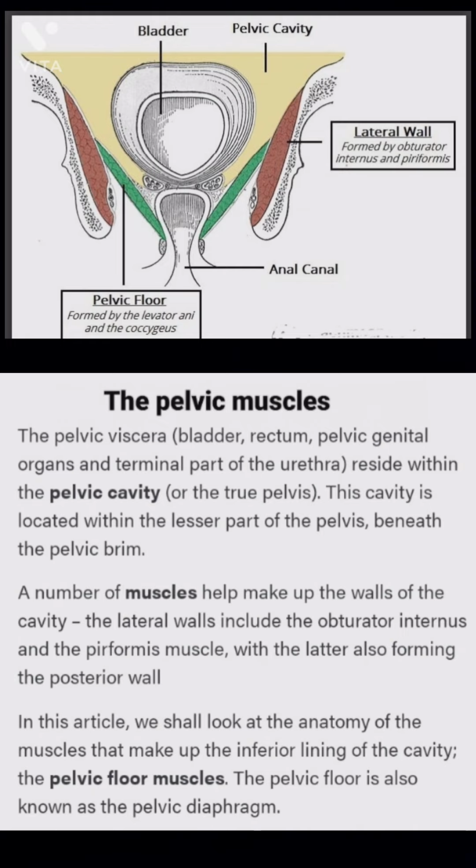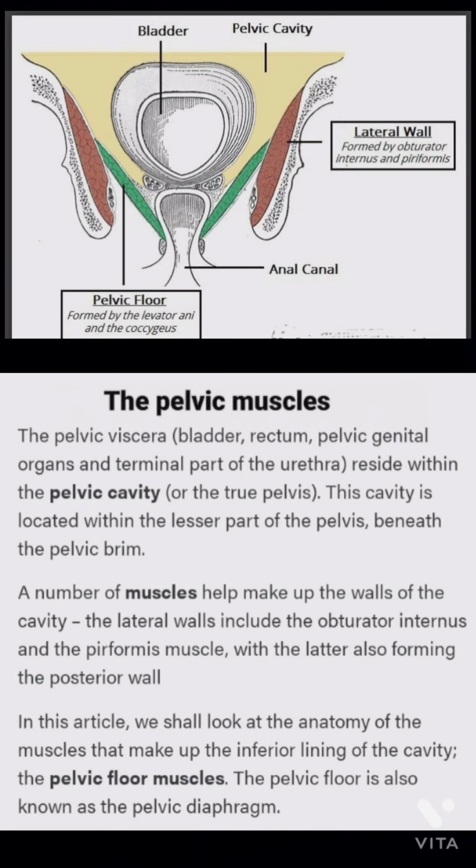It contains the bladder, which holds all our urine, and the rectum, through which all the feces or stool comes out, and the pelvic genital organs and terminal part of the urethra. These are the visceral organs present in the pelvic cavity. A number of muscles help make up the walls of the cavity. There is a group of muscles which make up the covering of the pelvic cavity.